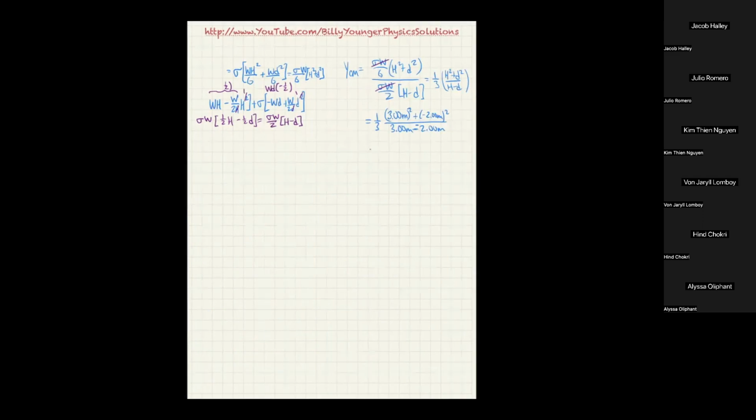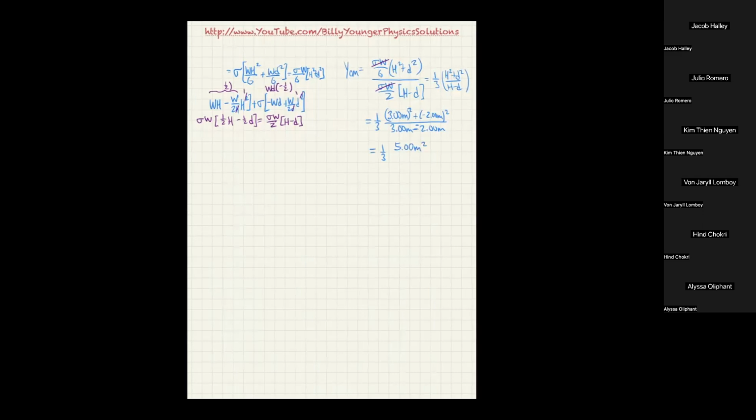Okay, so that in turn turns out to be 1/3 of 9 minus 4. So that would be 5.00 meters squared, because when I square it, it becomes meters squared.